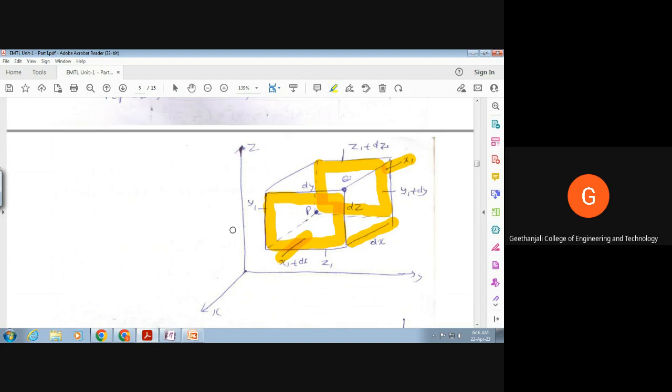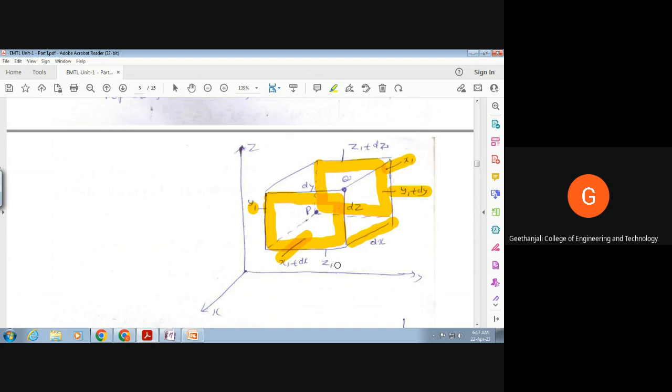That means y must be constant. So the left hand surface is y is equal to y1 constant, the right hand surface is y1 plus dy constant, so that the distance between these 2 is dy. Likewise, the top surface represents z1 plus dz, the bottom surface represents z is equal to z1 constant. So this is one way of identifying the surfaces.